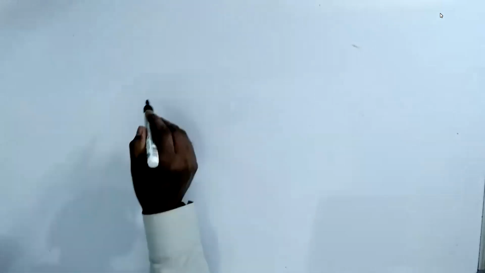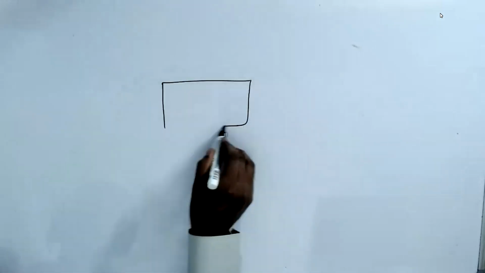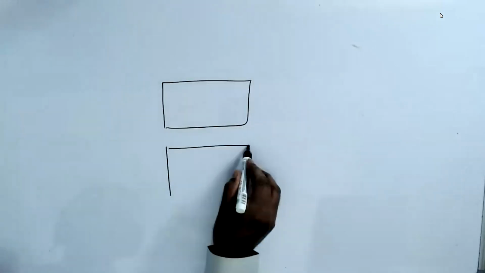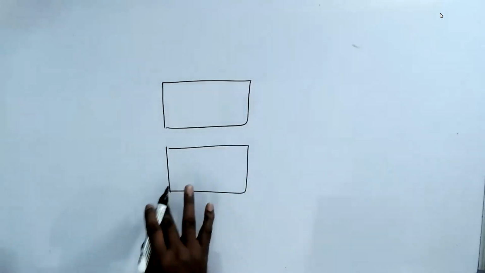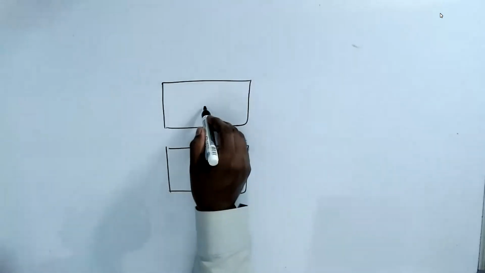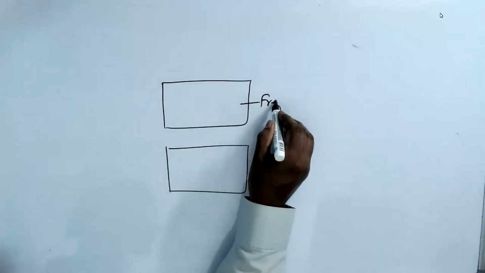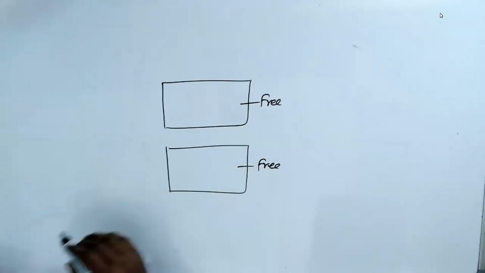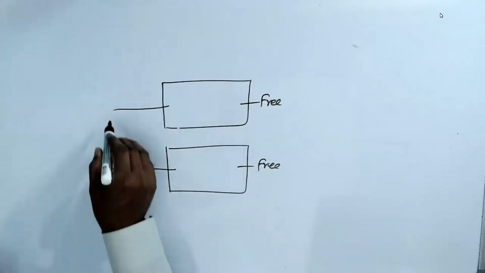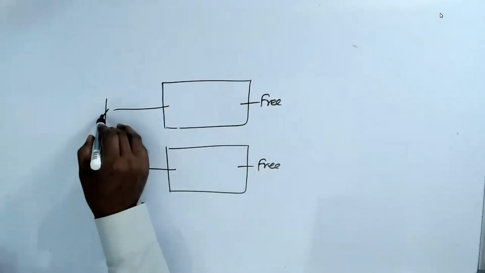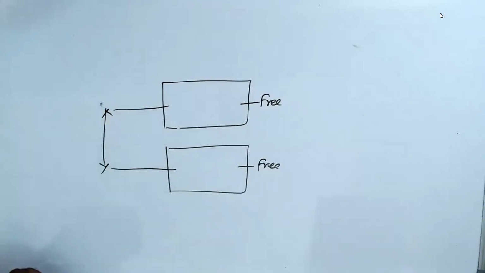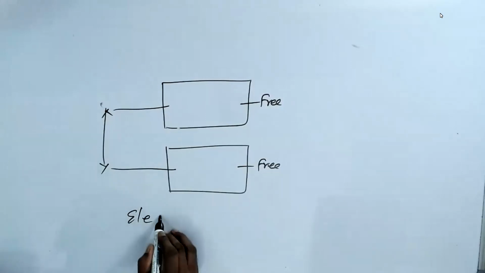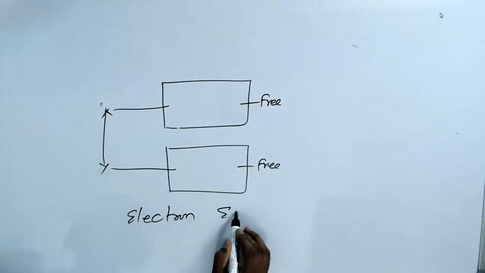We have two materials. This has some amount of free electrons. This has some amount of free electrons. What is the difference? So normally I can call this an electron economy.